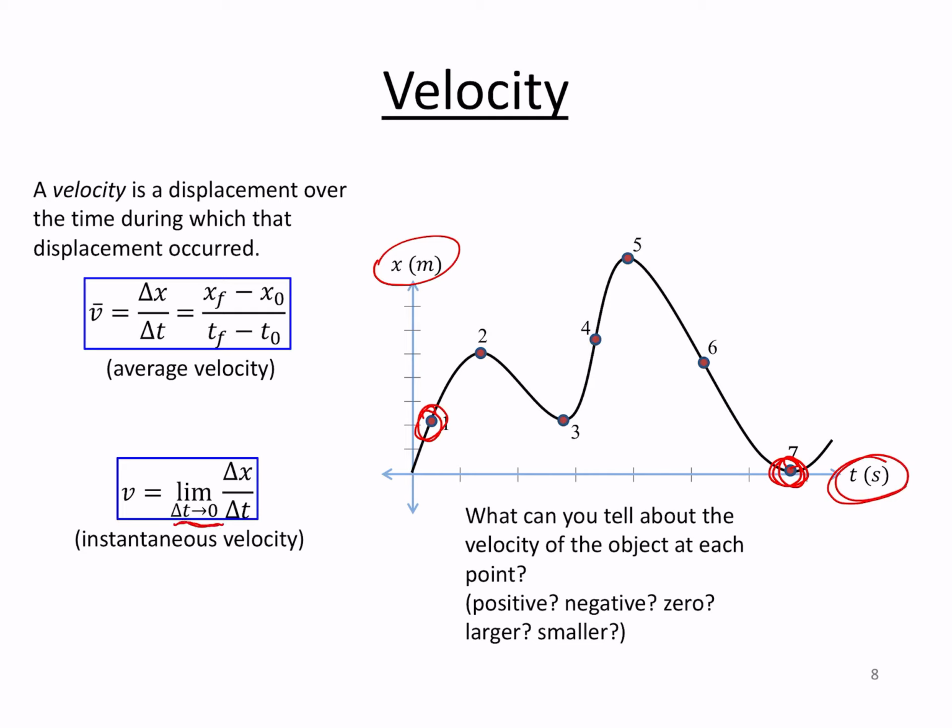In other words, we make the difference between the final and initial times smaller and smaller, and that will get closer and closer to telling us what the velocity is in some tiny little window of time. And then we can more accurately know what's happening to an object at any particular moment.